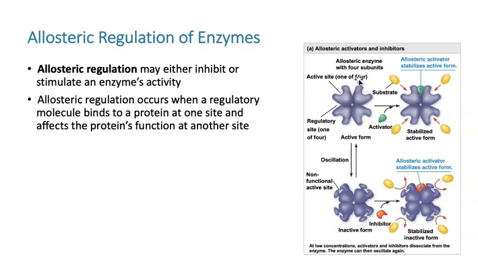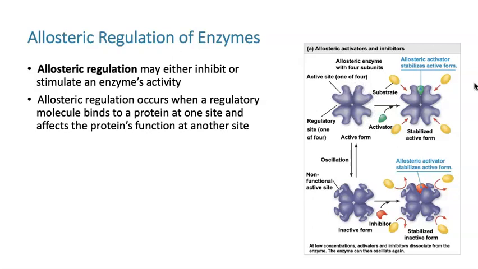Here is an enzyme, and notice that it's got 4 active sites, 1, 2, 3, 4. And in the middle of this is something called the regulatory site. And there's actually 4 regulatory sites here too. 1, 2, 3, 4.